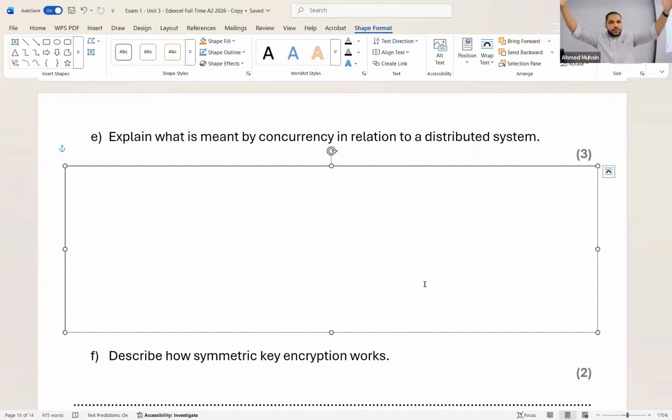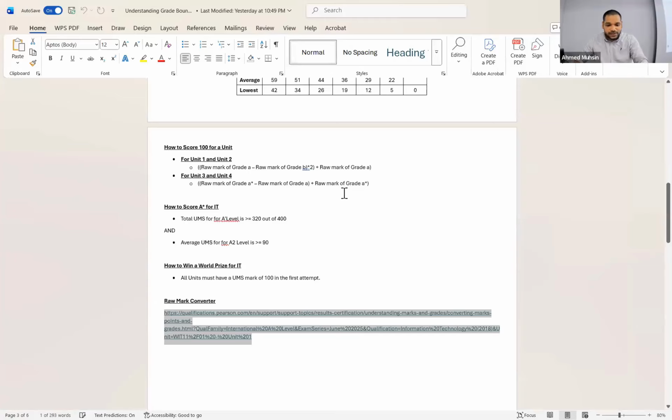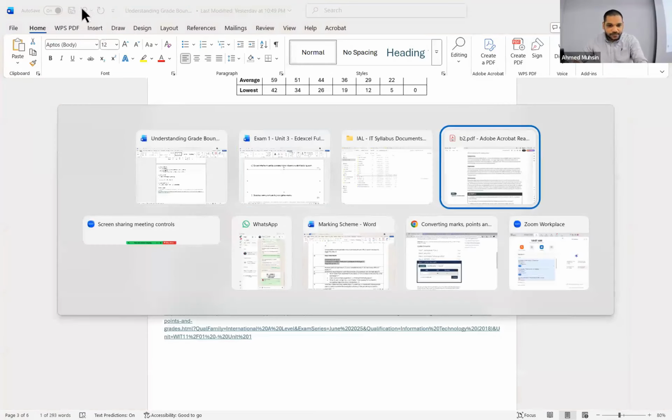Concurrency means you have multiple nodes now, you have multiple servers across the world. Okay? They are all handling different tasks at the same time. Is it clear? But they are all being updated with the same data at the same time. Okay? So, can everyone take down the examiner's definition of concurrency here?